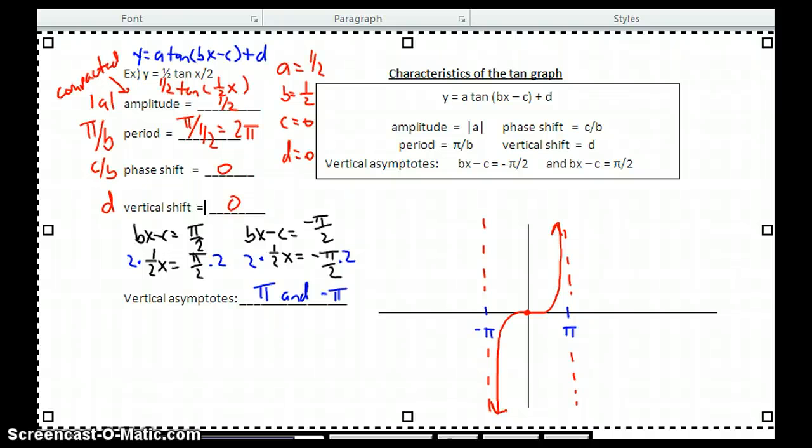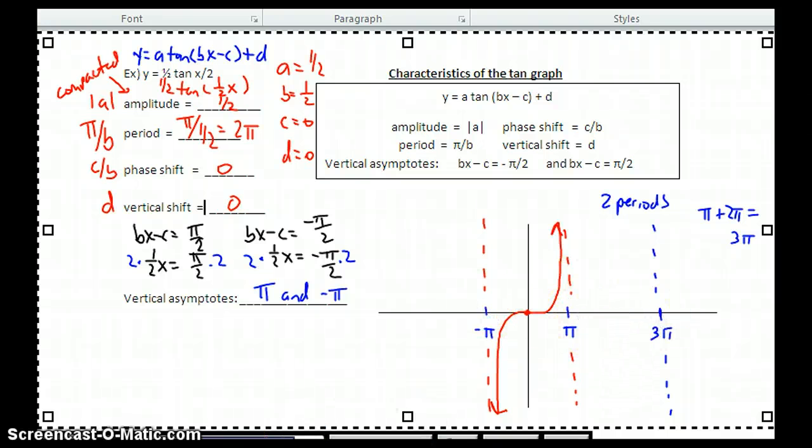Now if I want you to make another period, which I always do, I always want you to have 2 periods, what you would do to get your next vertical asymptote is add the period on, 2 pi. So if I take pi and I add 2 pi, I end up with 3 pi. So that's going to be my next vertical asymptote.